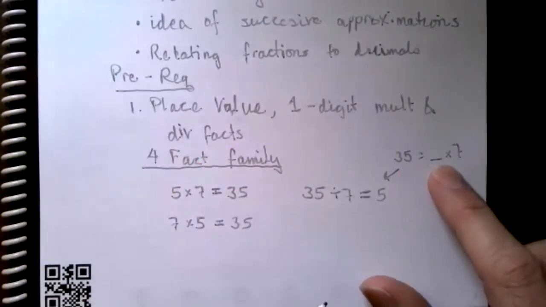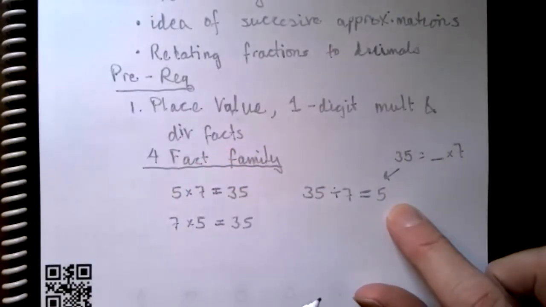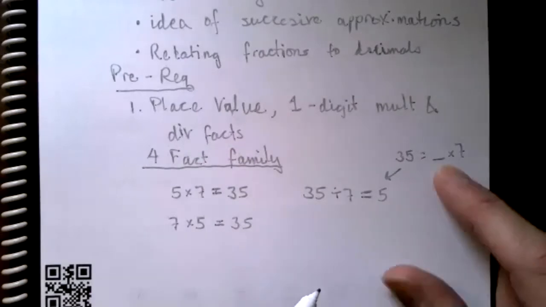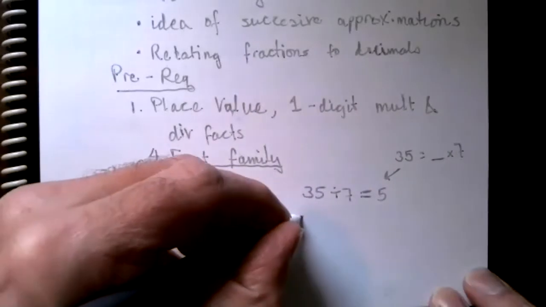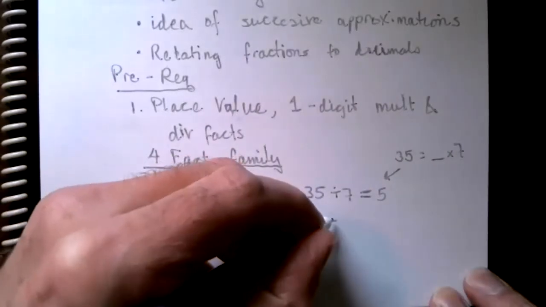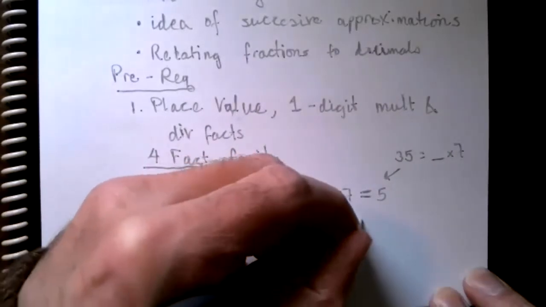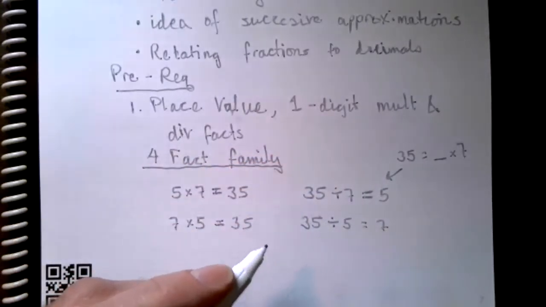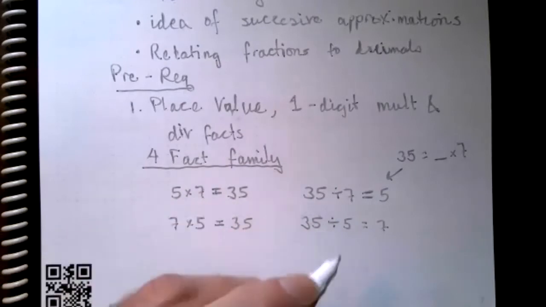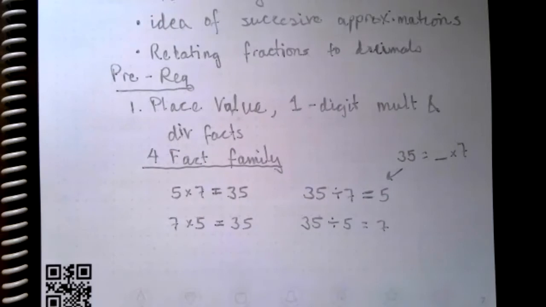What do I have to fill in there to get 35? Well, I have to fill in a 5, thinking of division as the reverse of multiplication there. And of course, we have this division fact as well. Okay, so students need to have these things down before they can start learning the long division process.